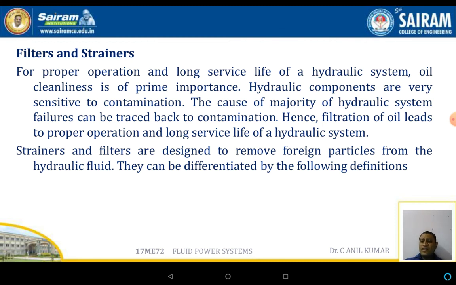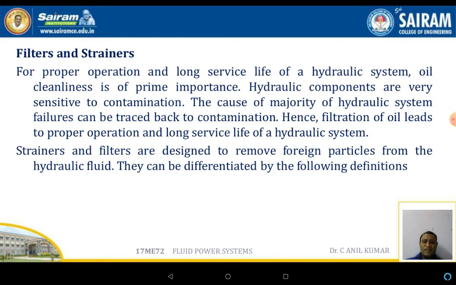The next topic we are discussing is filters and strainers. Filters and strainers are essential because of contamination. For the proper operation and long service life of hydraulic systems, oil cleanliness is of prime importance. The hydraulic components are very sensitive to contamination. The cause of a majority of hydraulic system failures can be traced back to contamination.